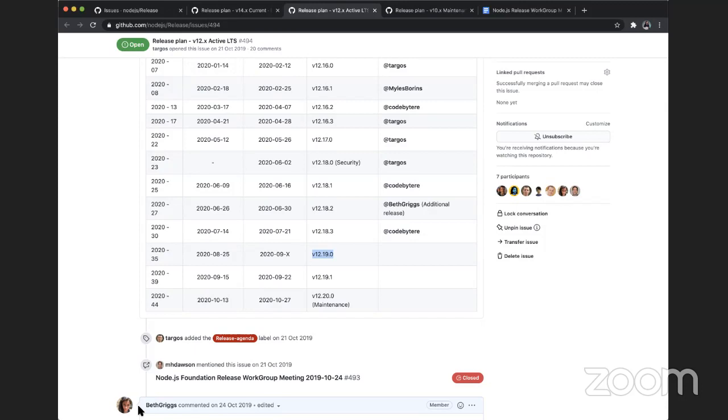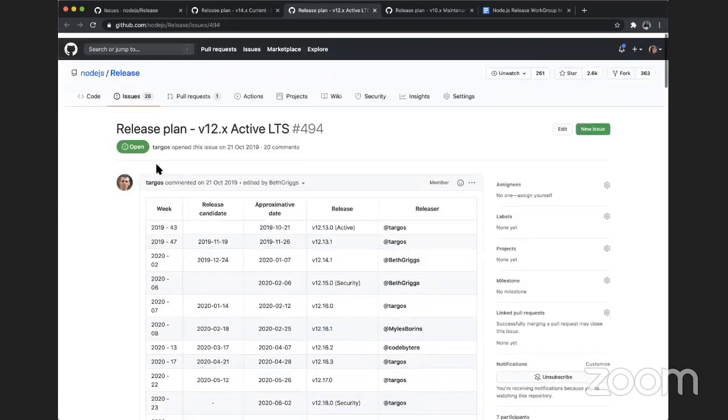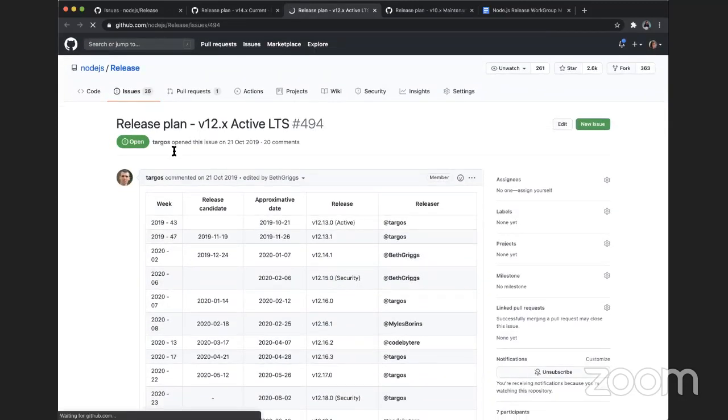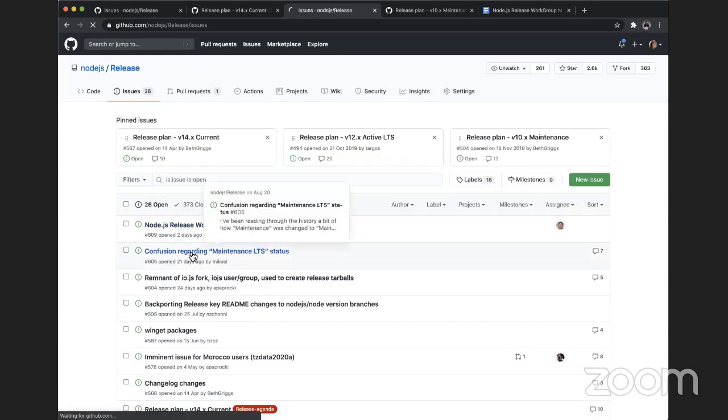Maybe the answer here just is that's what it is. And if you want the new features, you get on the new LTS. Yeah. It's a good motivation to upgrade and keep current. Yeah, and that goes back to an issue that was opened recently. Issue 605. Is this Miguel? Yeah.